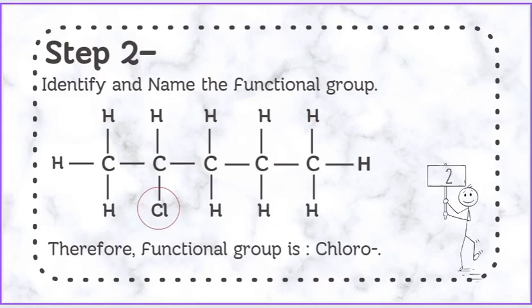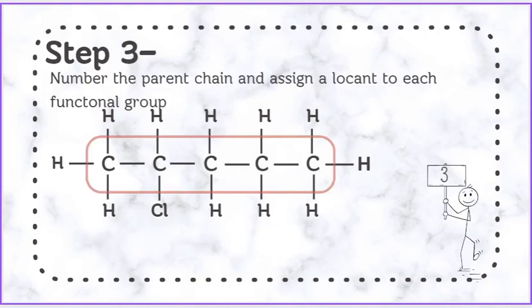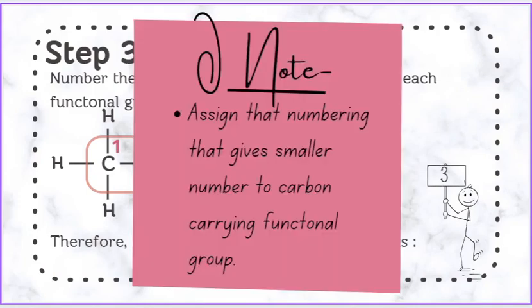And also find the position of the carbon atom to which the functional group is attached. In this example, you can see it is the second from the left, or you could also say it's the fourth from the right. But there's an important note here: we always have to choose the smaller position.